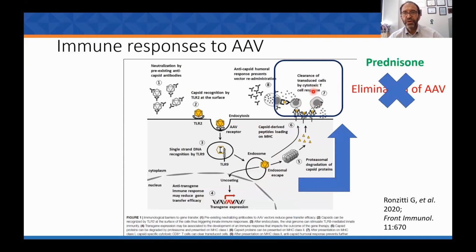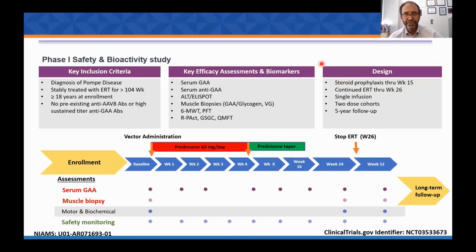So prednisone, given either at the time the T cells appear or to prevent the T cells appearing, can save the gene therapy. And here is the timeline for the design of the clinical trial.